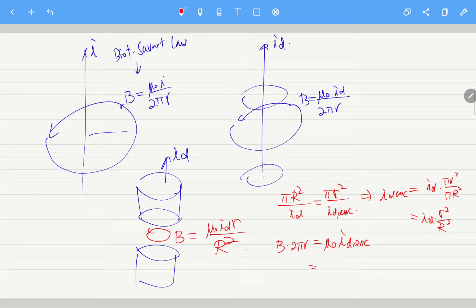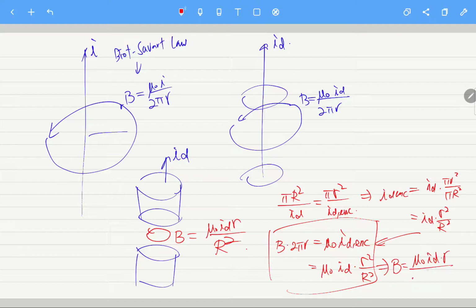Then you can just substitute it here. We have mu naught I_D times small r squared over capital R squared. So if we simplify it, we have B equals mu naught I_D times r over 2 pi capital R squared.